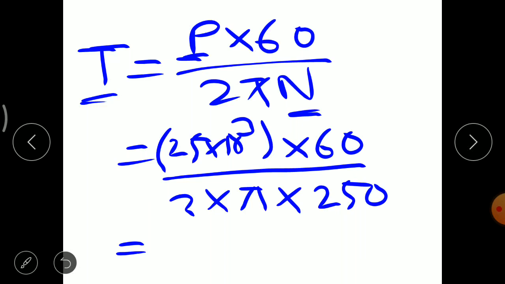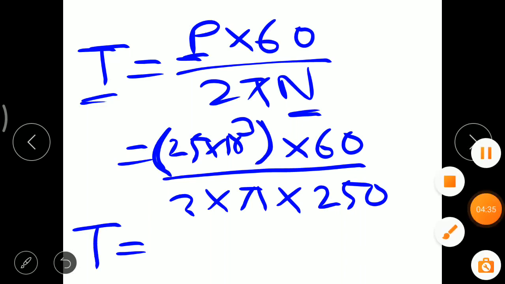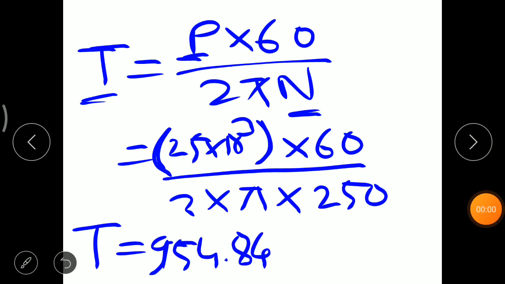Put all the values in the calculator, use brackets, and find out the value of torque. Here we will get the value of torque as 954.84, and the unit of torque here is Newton meter.